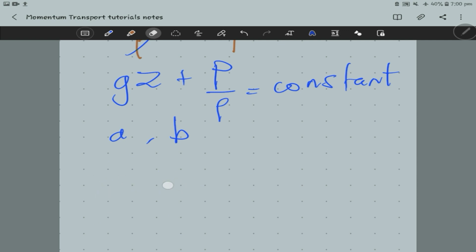Let's go with this. When we get here, it can get a bit confusing. So g and z, when you move it to the other side, we end up getting a P and a rho, so here it becomes negative.